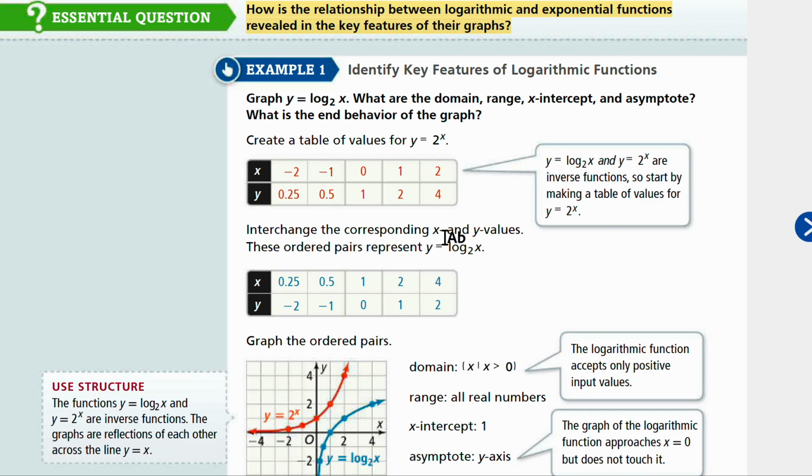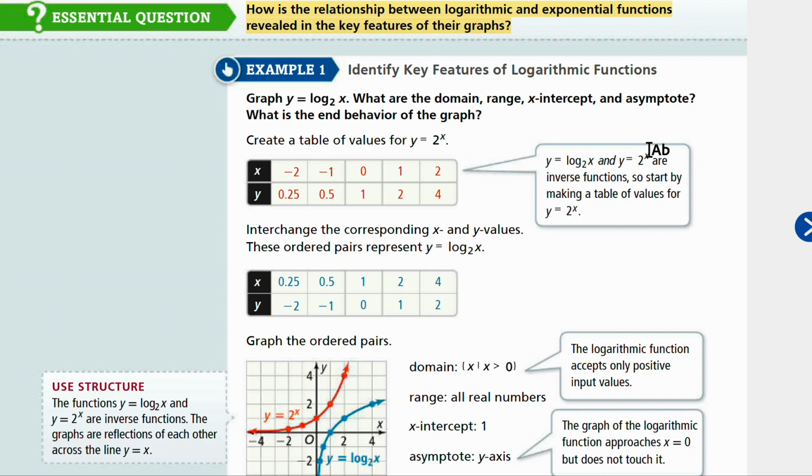First, we're going to create the table of values for y equals 2 to the power of x. Why? Because y equals log base 2 of x and y equals 2 to the power of x are inverse functions, and you can rewrite them in different forms, right? Let me write that down. In exponential form, this is 2 to the power of y equals x. But it's an inverse function, so if you switch x and y, you get y equals 2 to the power of x.